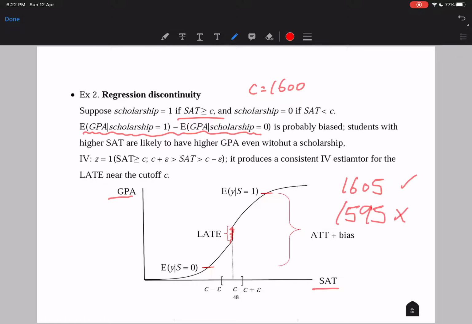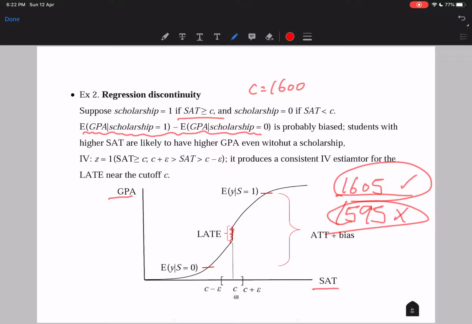It is local because the treatment effect only applies to people around the cutoff, right? So if we just look at these people's GPA versus these people's GPA, intuitively that should give us the causal effect, right?